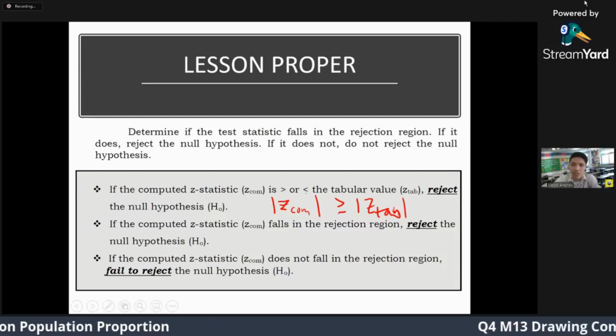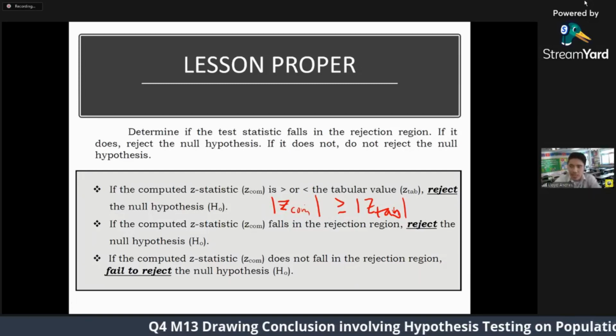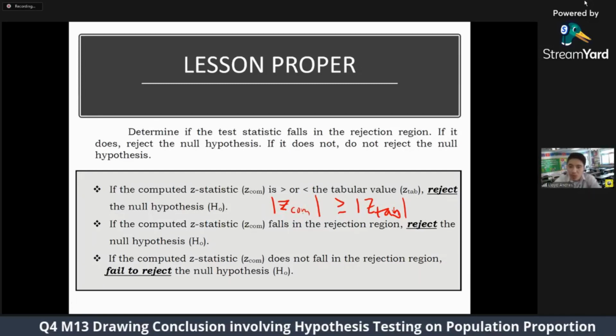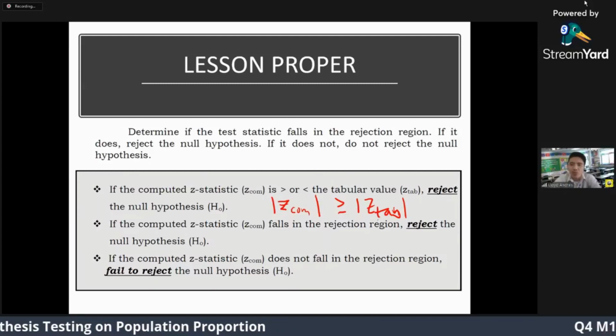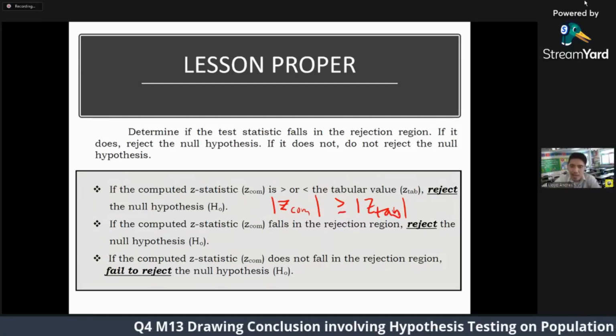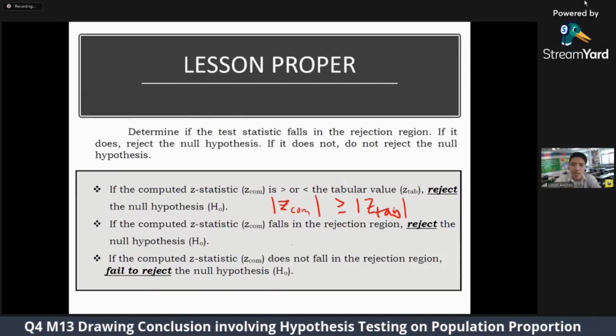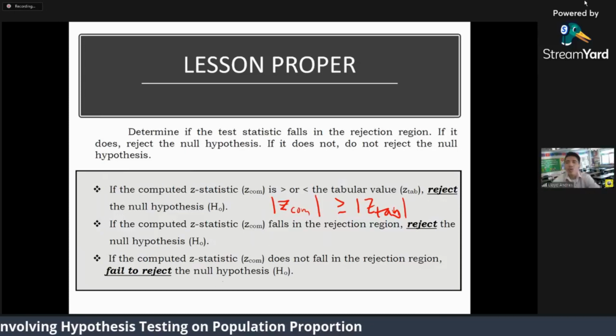If the absolute value sa imong Z statistic is greater than or equal to the absolute value sa imong Z tab, you reject the null hypothesis. Otherwise, do not reject the null hypothesis. So, that is kung mag-compare ka og value.